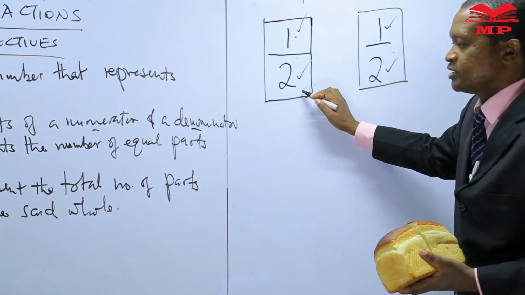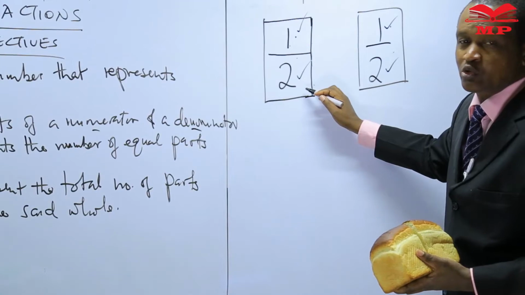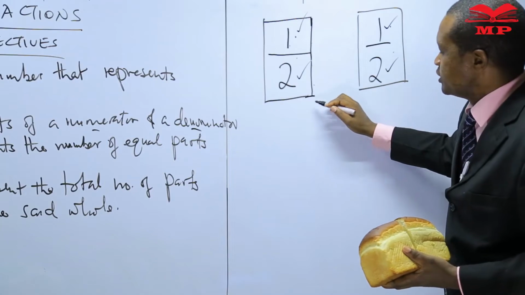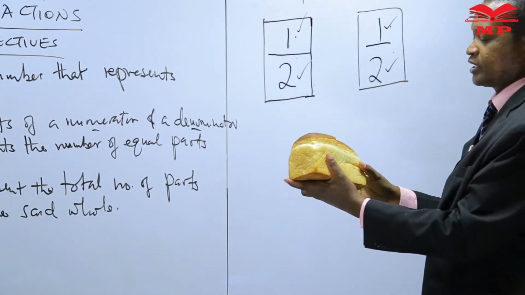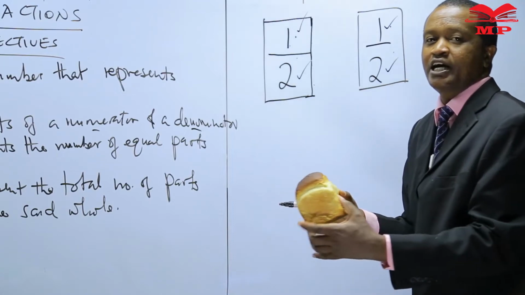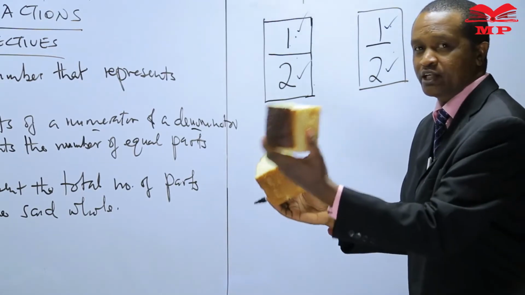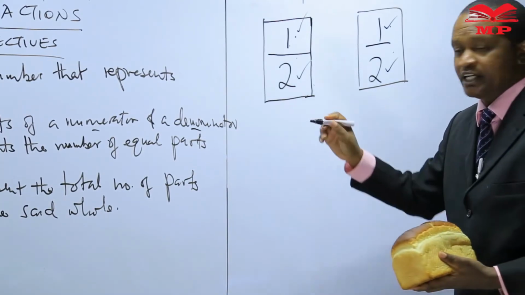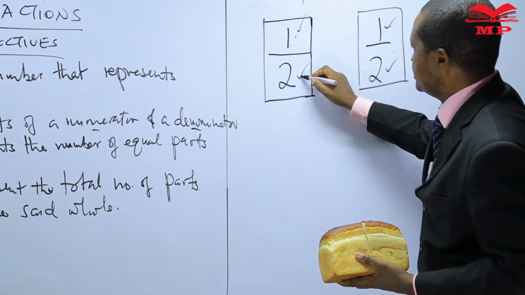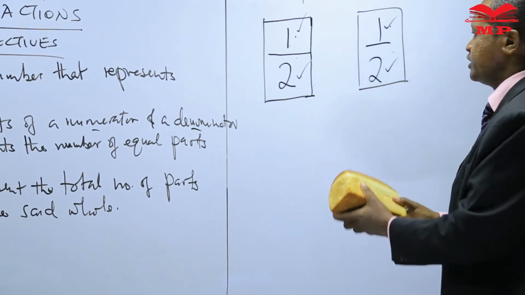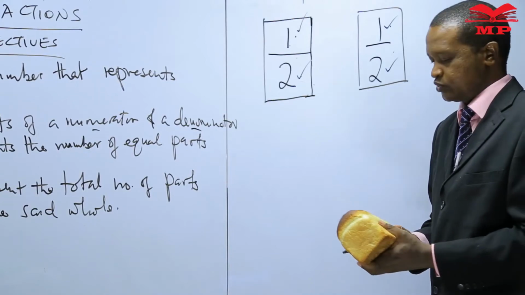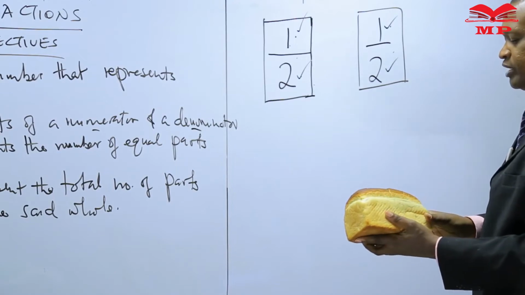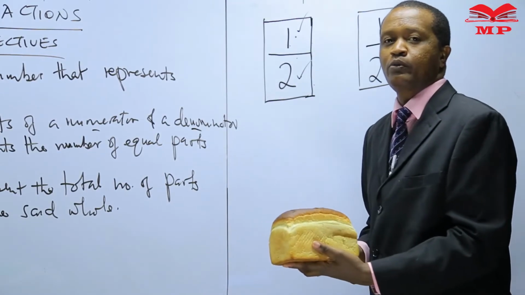The denominator represents the total number of parts that make up the said whole. In our case, the total number of parts is 2, 1 and 2. So a half and a half, these are fractions. We may want to divide this loaf into 4 parts.